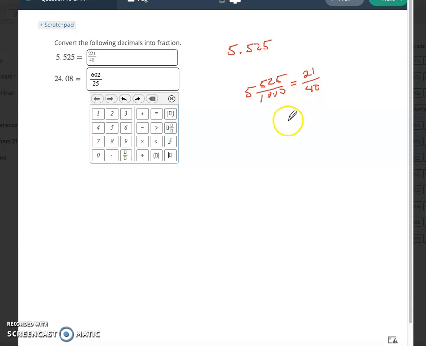So now I can write that as 5 and 21 40ths. Then 5 times 40 is 200, plus 21 is 221 over 40, which was our answer. So there are other ways we can do that, and same thing for the other one.